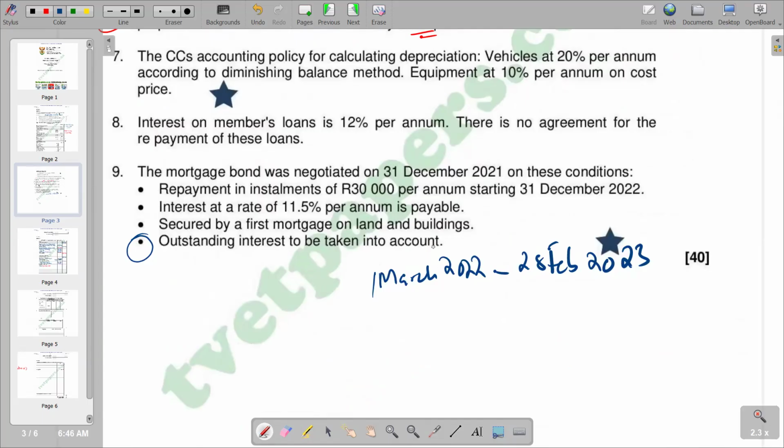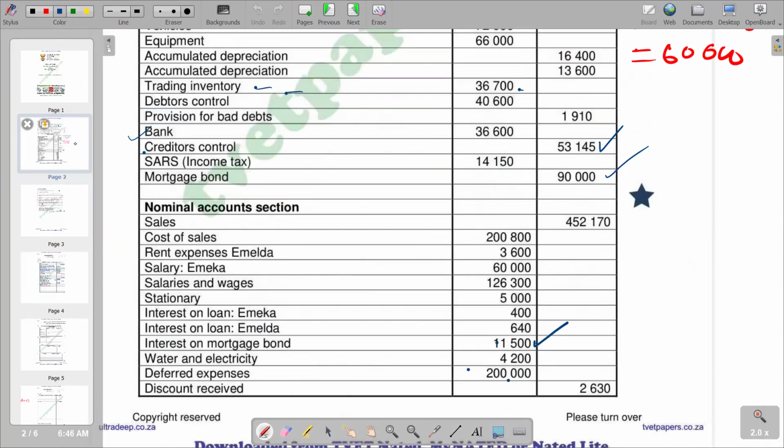It means we have got 2 periods, because the repayment was made on 31 December 2022. That made our mortgage bond 90,000. So we need to calculate the interest for the 2 periods, before and after the repayment.